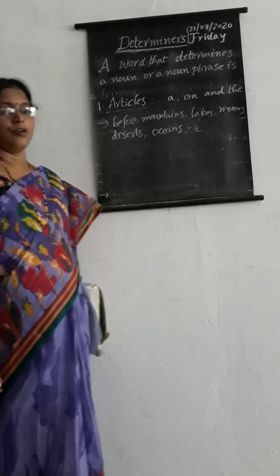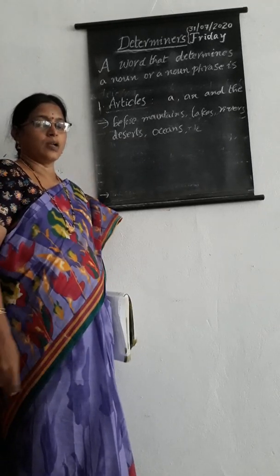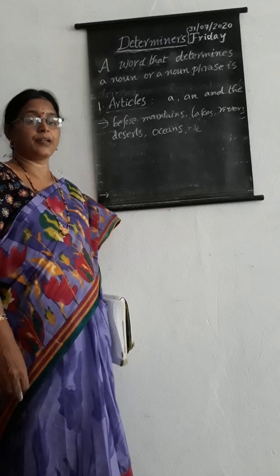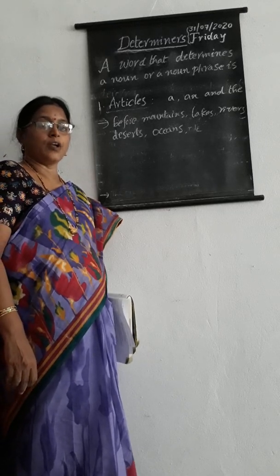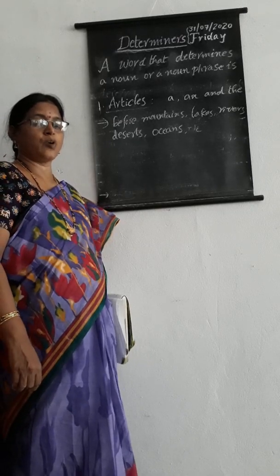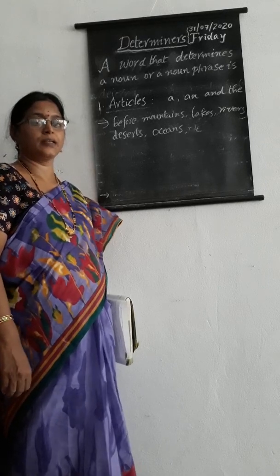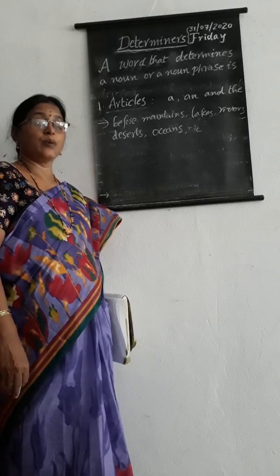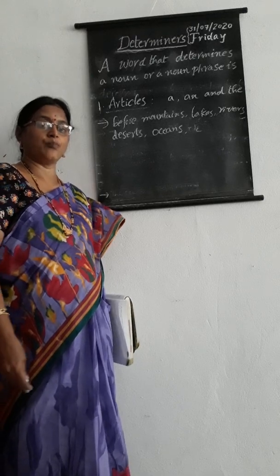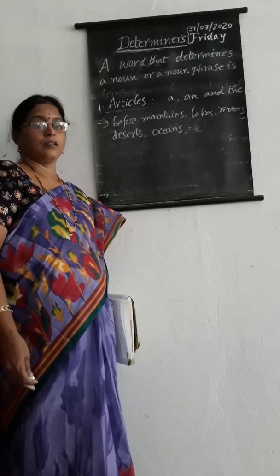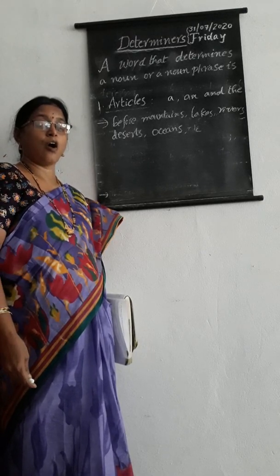Students, you have to remember all these points before using the definite article the. What are the points you remember? Tell me. What is the first point? To speak about a particular person, particular thing, particular place. The book I want is out of print.